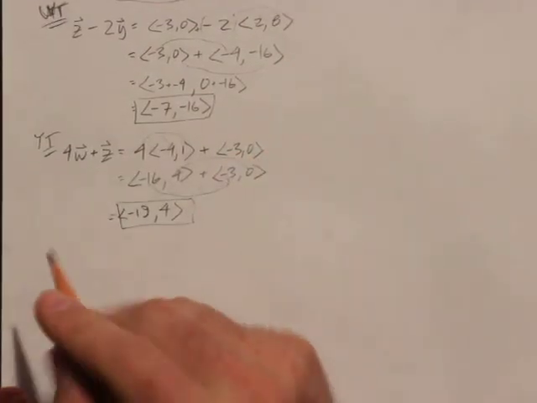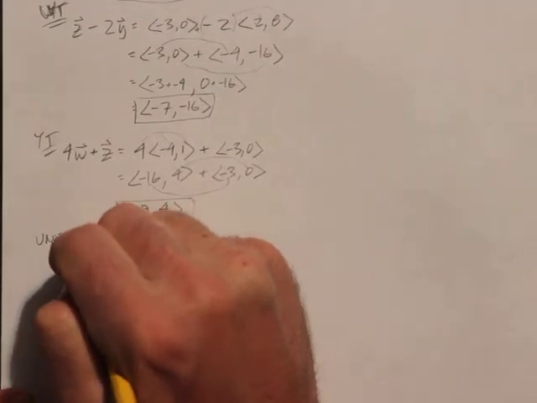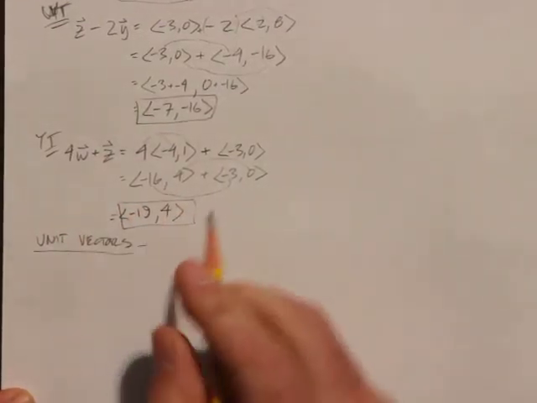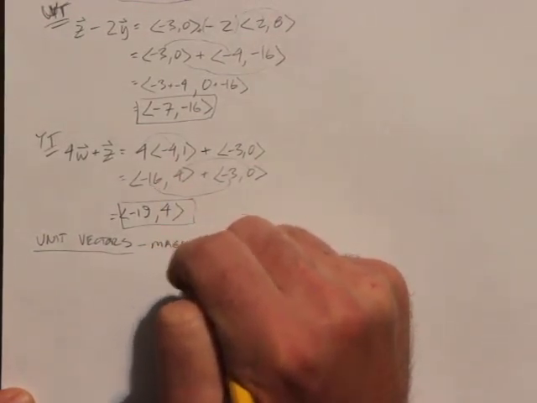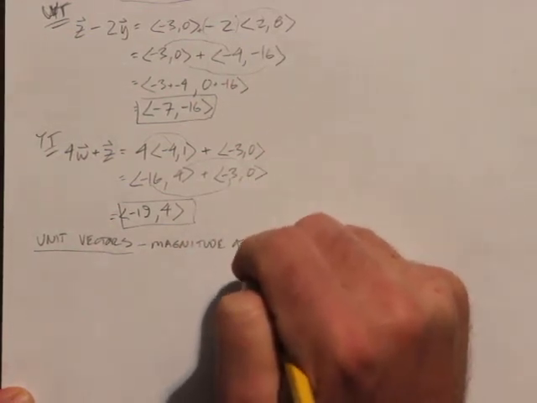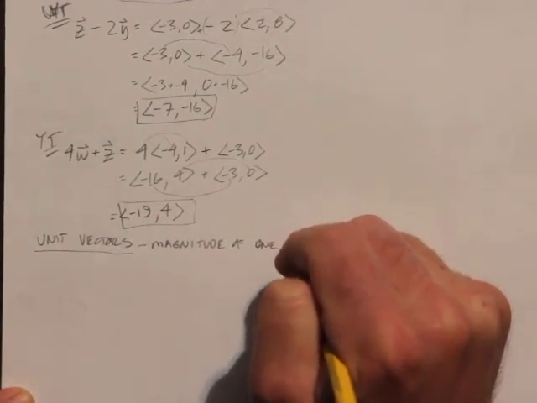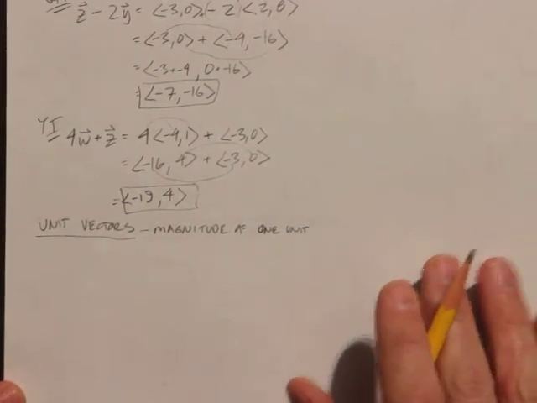Alright, let's keep moving. Unit vectors. Magnitude of 1 unit. What does that mean? Let's find out. Unit vectors have a magnitude of 1 unit.